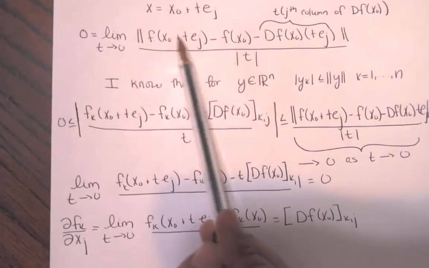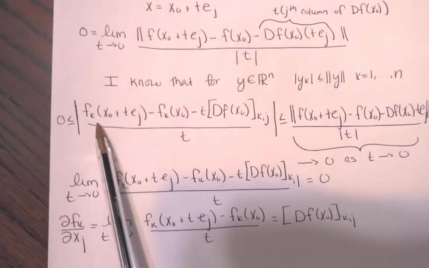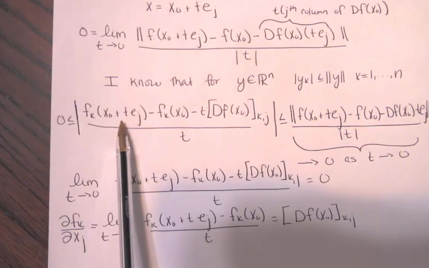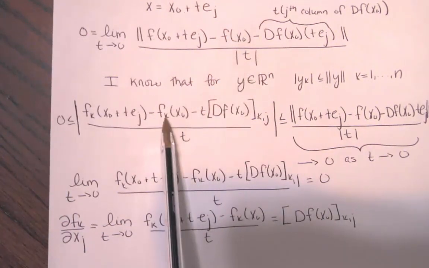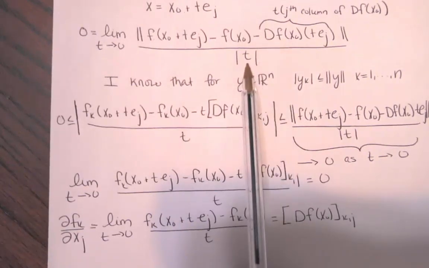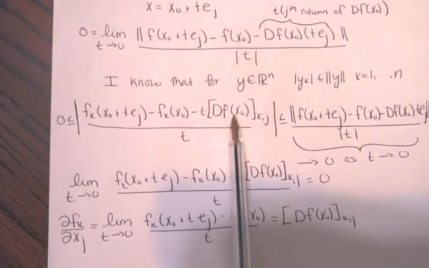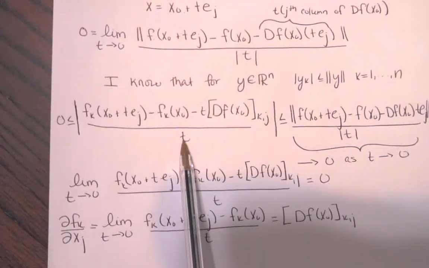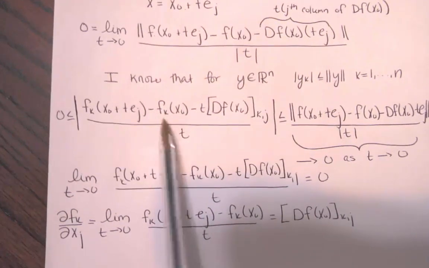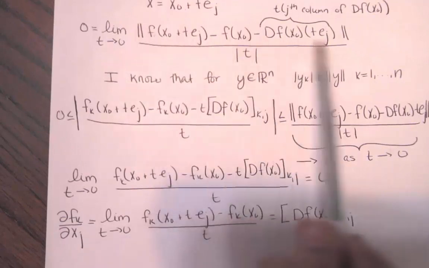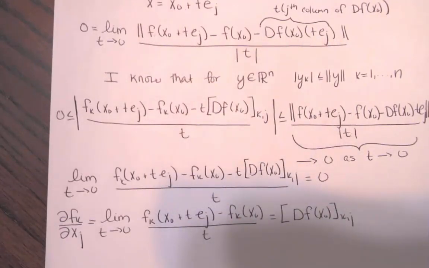So in fact, I could take the kth entry of this, which would be the kth entry of f at x naught plus t ej, minus the kth entry of f, minus the kth entry of the jth column, which is the kj entry of my matrix, times t, divided by t. This numerator is less than or equal to this numerator because this is just this norm, divided by the absolute value of t.